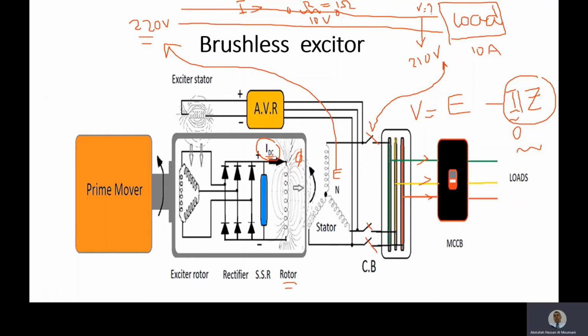So when I is increased, V will reduce, for a constant value of DC. Now, if you operate other loads, I will increase more, and V will decrease even more, until it reaches something like this, as a relation between the voltage and the current taken by the generator.